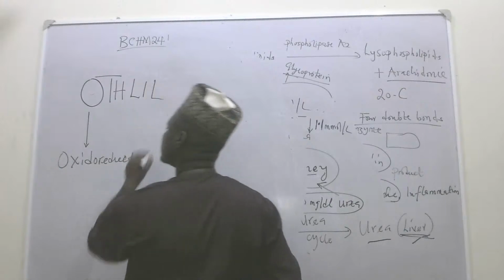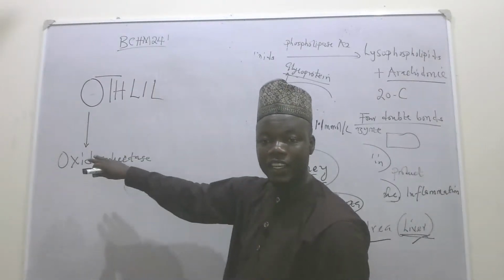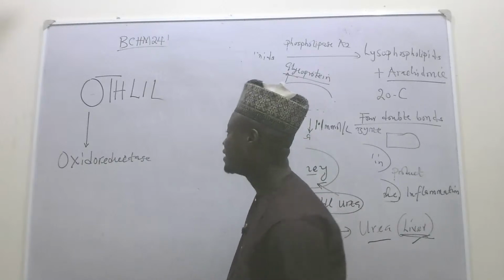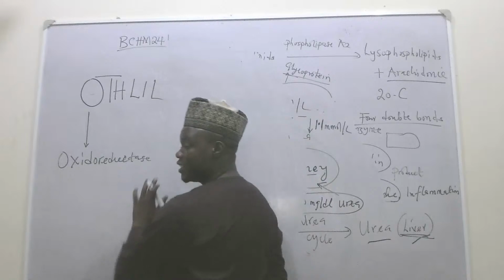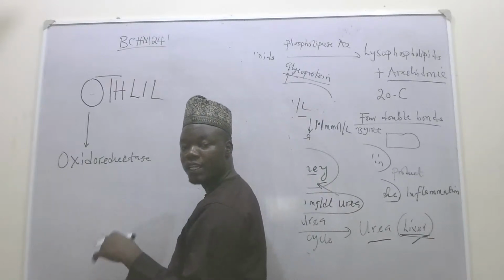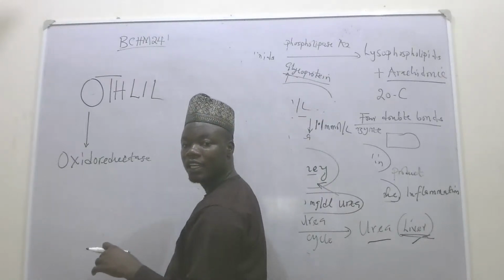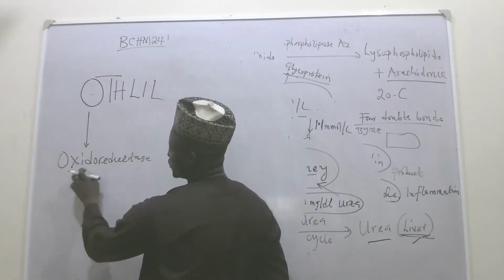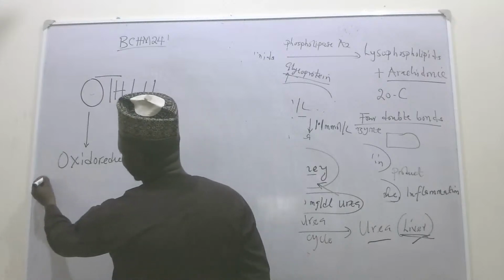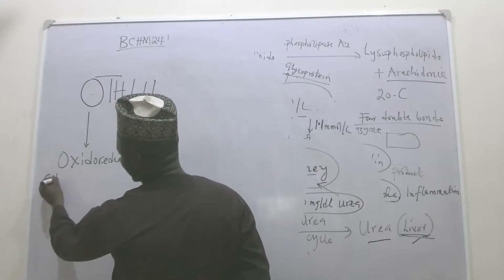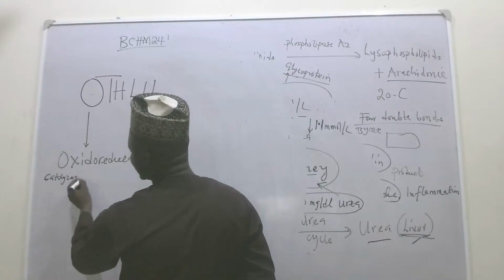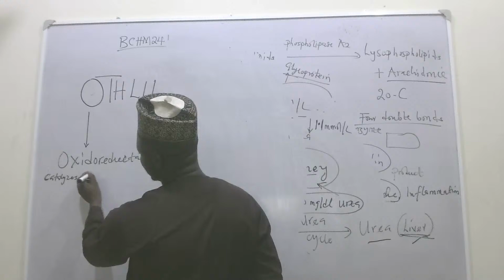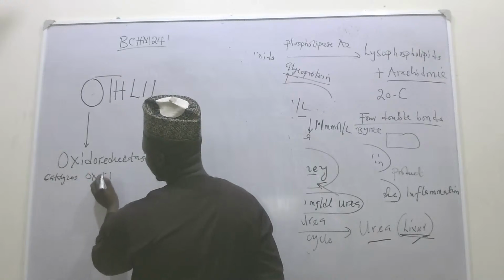O means oxidoreductase. That is the first one, oxidoreductase. And what is the description? Because it's not just about the list. After you list it, you will start on the function. From the word oxidoreductase, it means an enzyme that catalyzes redox reactions, that is, reduction or oxidation.